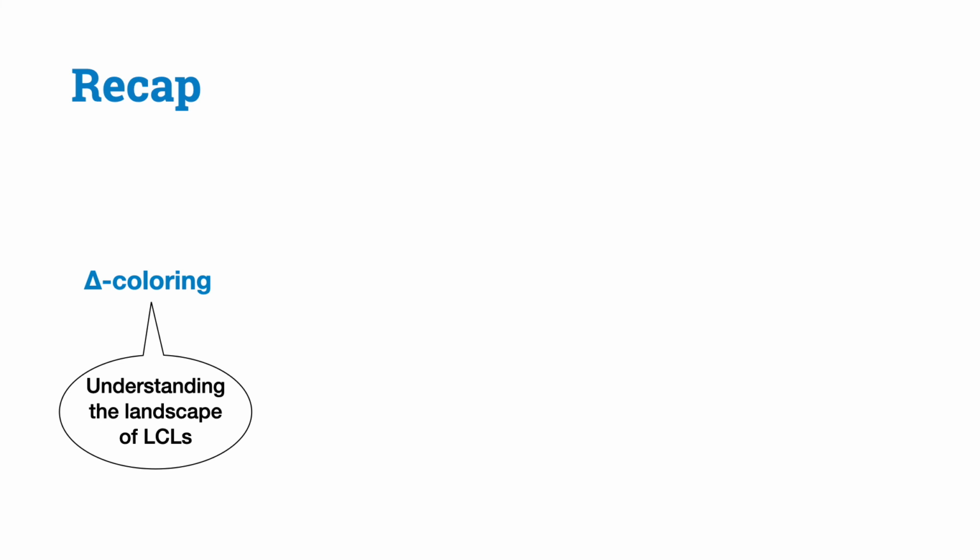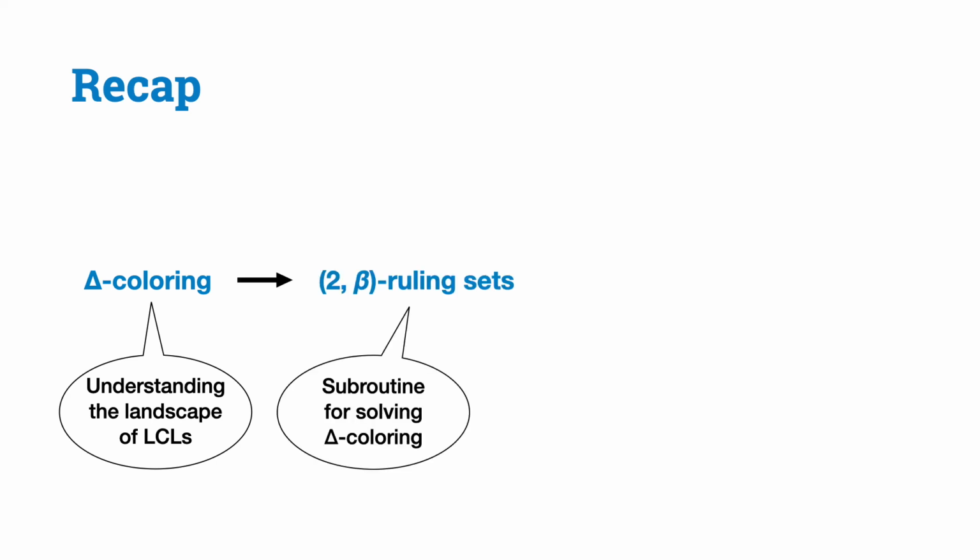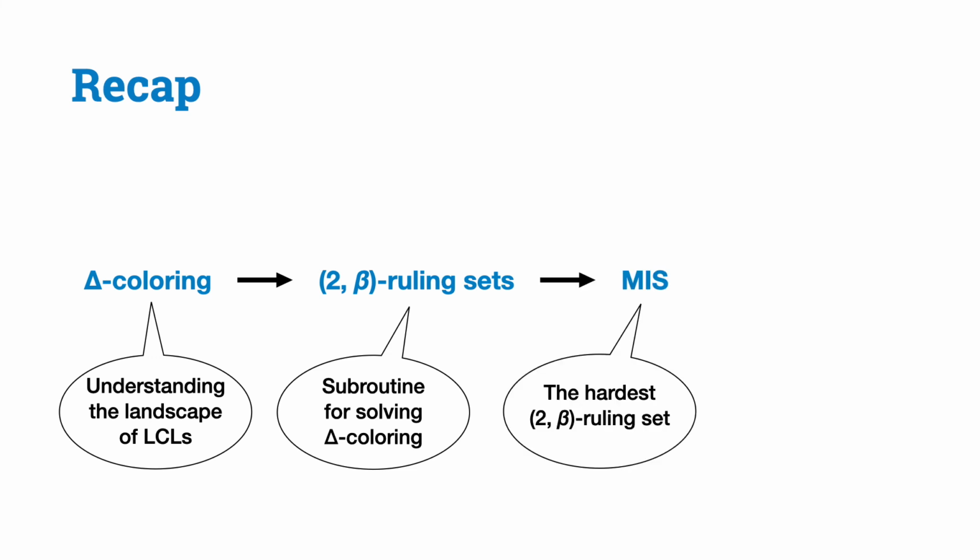So let's recap. We wanted to understand delta coloring in order to better understand the landscape of LCLs and close some open questions related to distributed complexity theory. For this reason, we started to study ruling sets, because they are used as a subroutine in the current best delta coloring upper bound. In order to understand ruling sets, we first tried to focus on MIS, because it is the hardest to beat a ruling set.